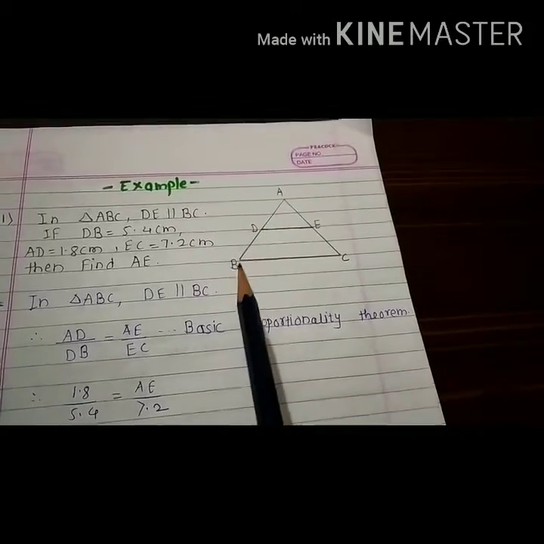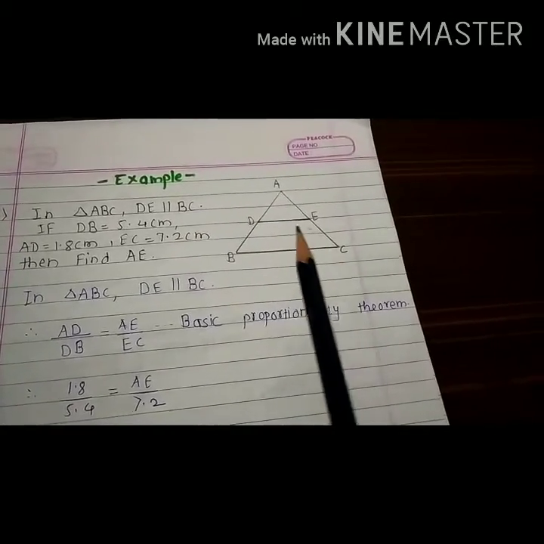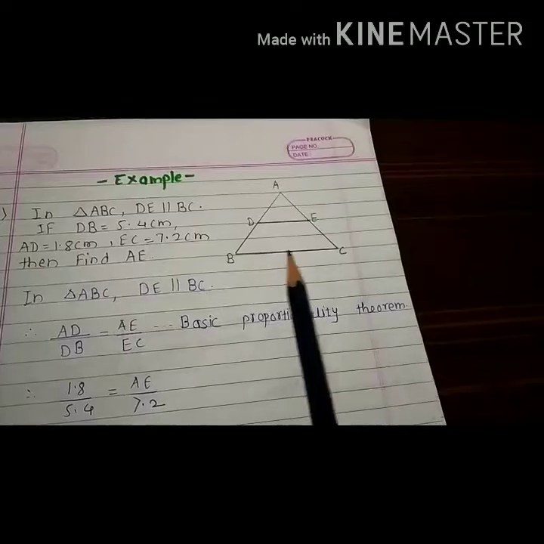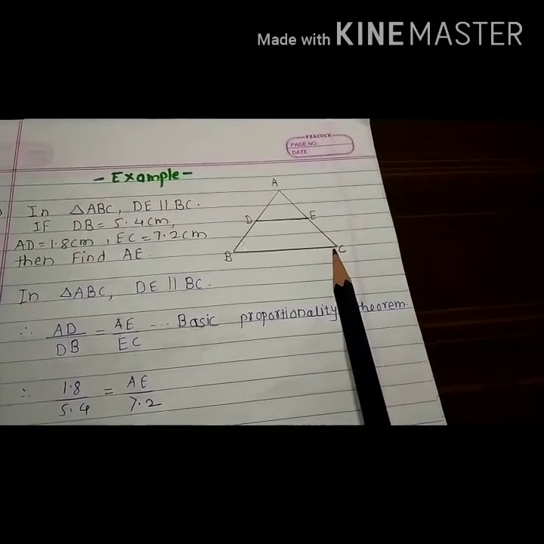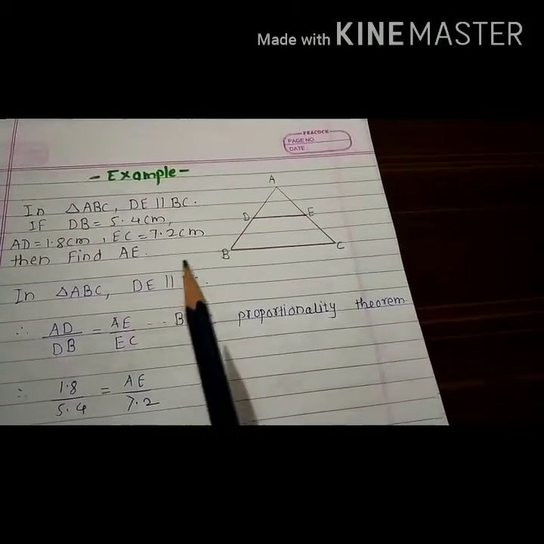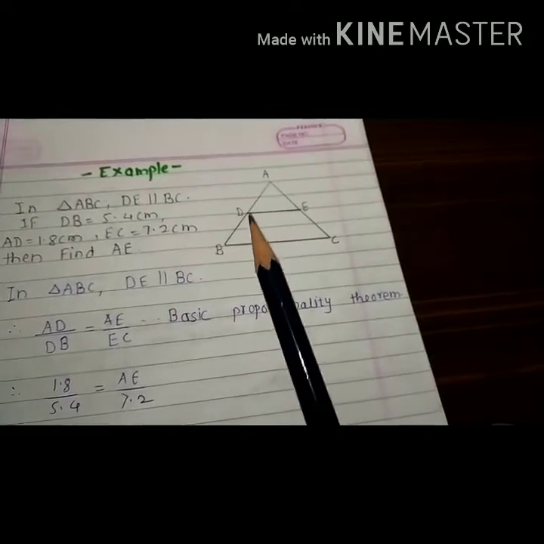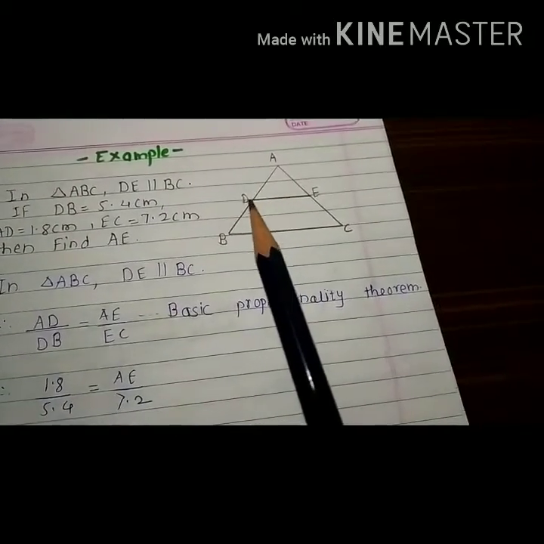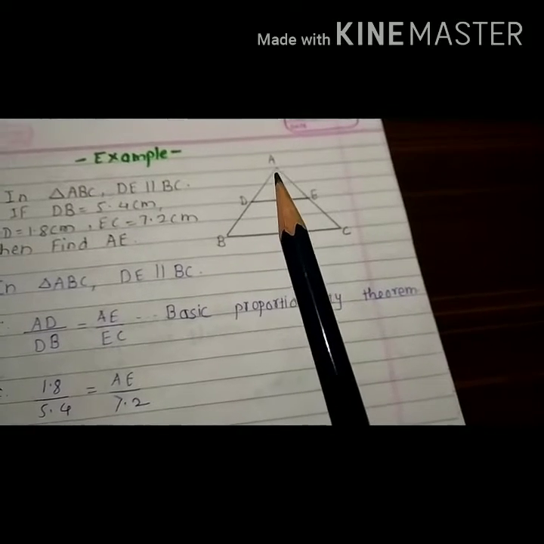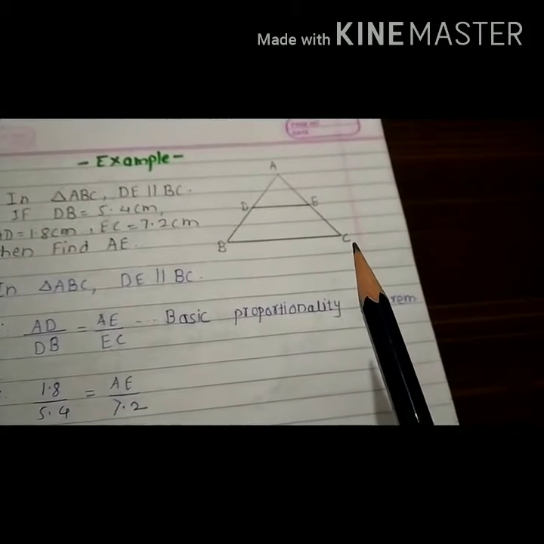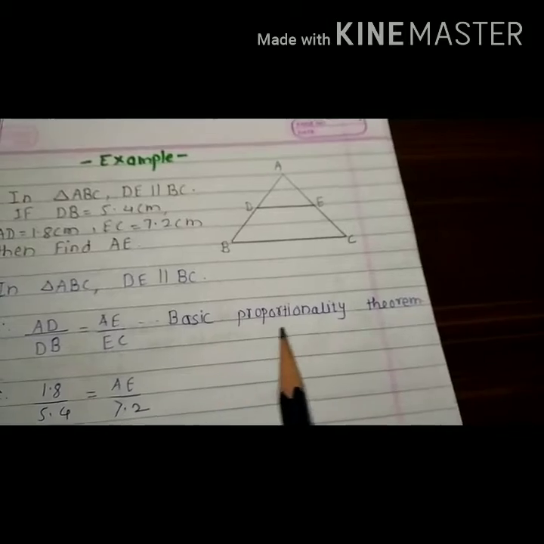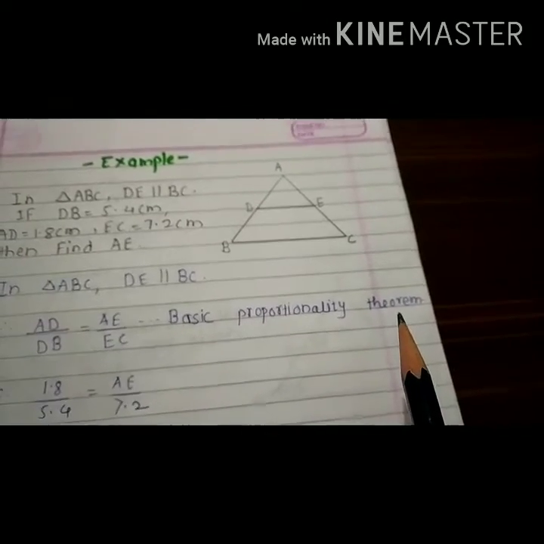In the figure, in triangle ABC, DE is parallel to BC. Then we can apply the basic proportionality theorem. According to the basic proportionality theorem, AD upon DB is equal to AE upon EC. Reason is basic proportionality theorem.